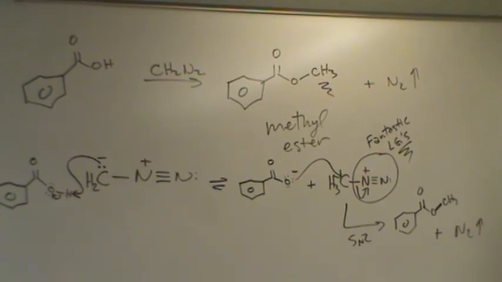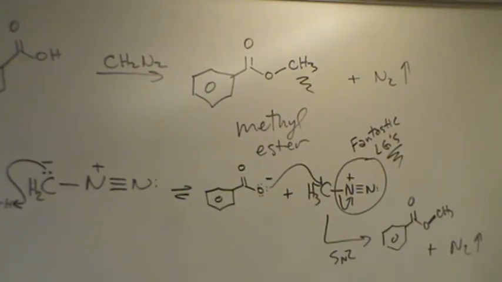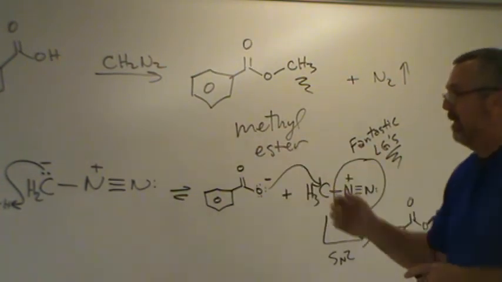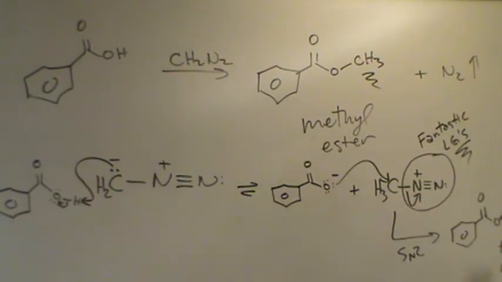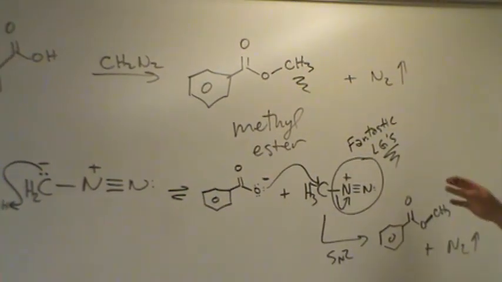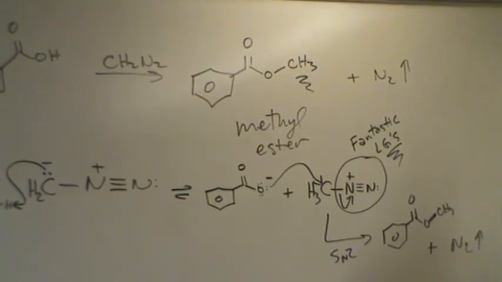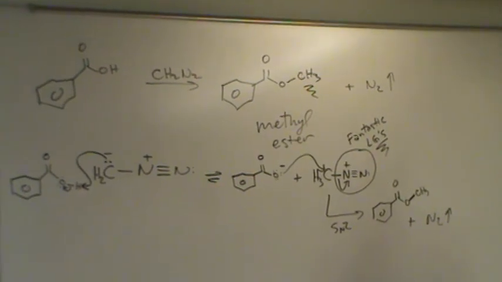No chance of this being reversible because the nitrogen escapes. So it's a simple one-pot synthesis. It does have two steps in it mechanistically. First, the acid protonates the diazomethane, and then there's this SN2 reaction that takes place very rapidly afterwards. But it's all done in one pot, one step from a preparation perspective, and you're done.